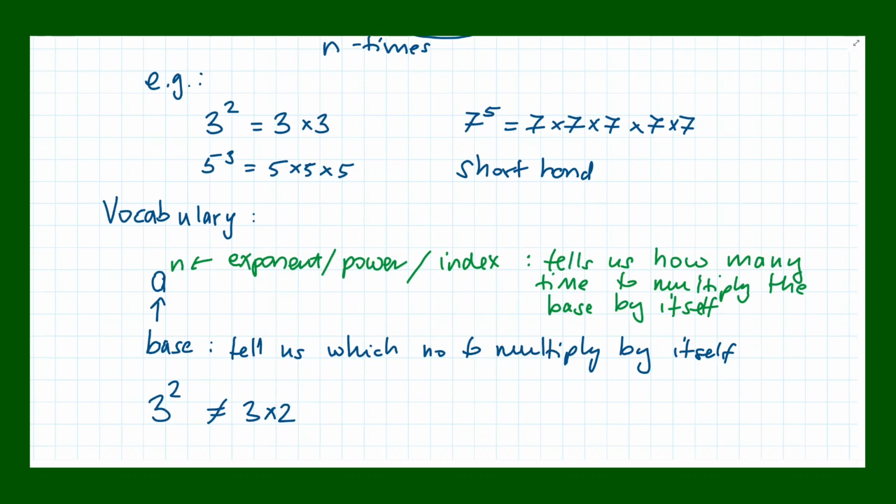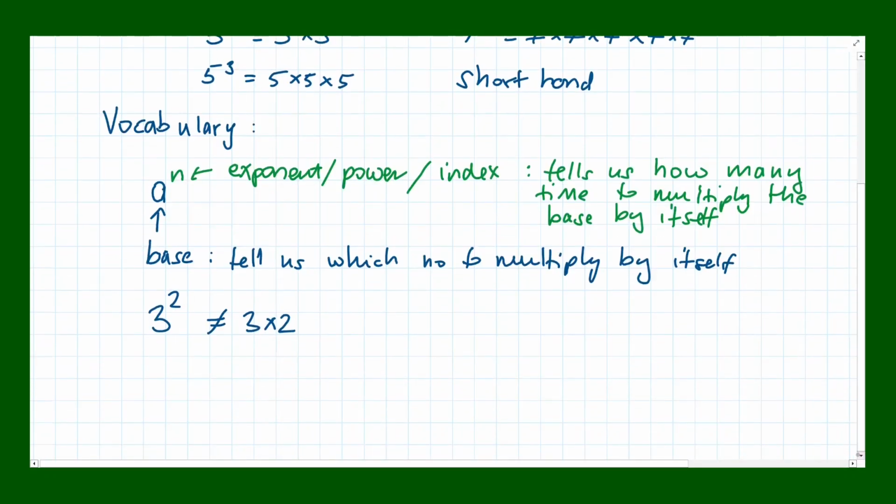The 3 squared, as we saw just a couple of minutes ago, is 3 by 3, while 3 times 2 is also a shorthand notation, but it is the shorthand notation for adding 3 by itself twice.